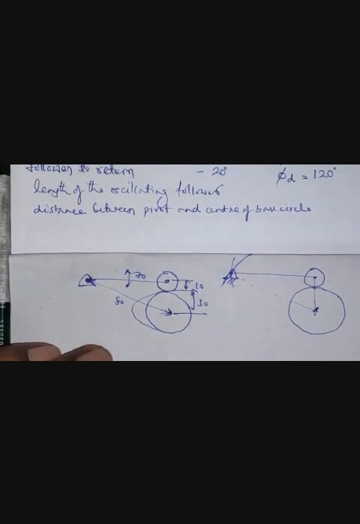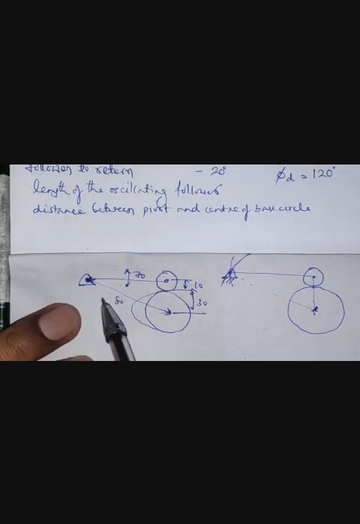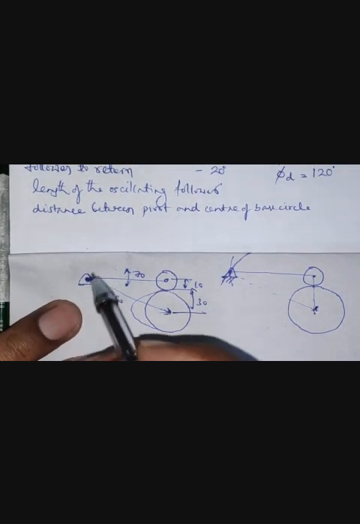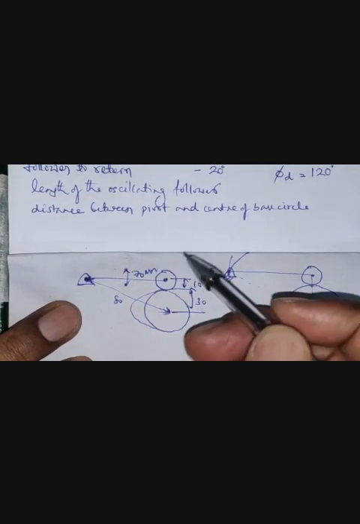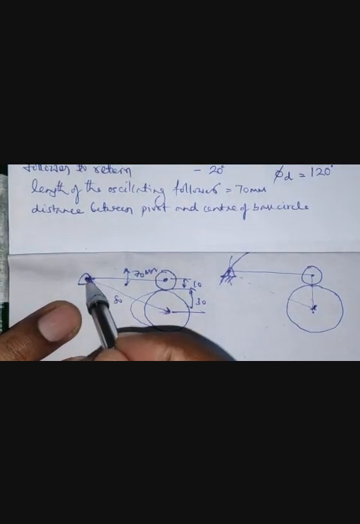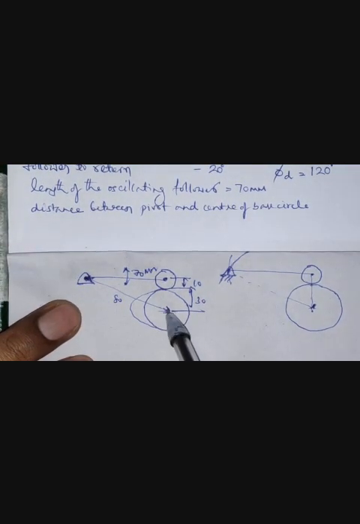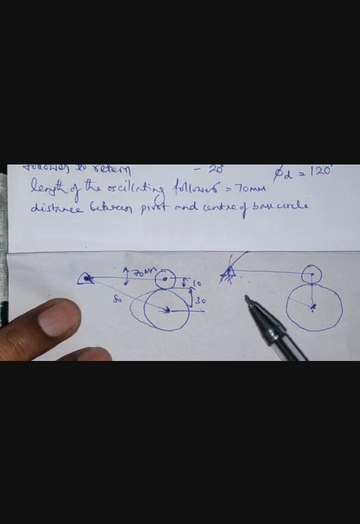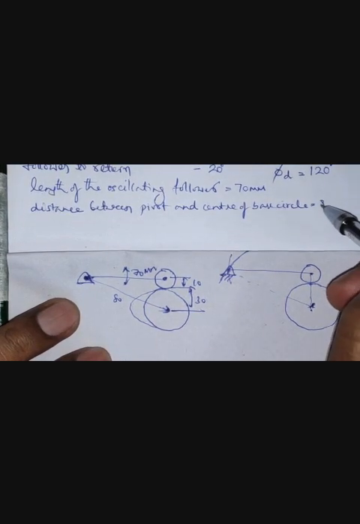Let the other required data be the length of the oscillating lever, and let this be 70 mm. So let me write this here, 70 mm. The distance between the pivot and the center of the base circle, let us take it as 80 mm.